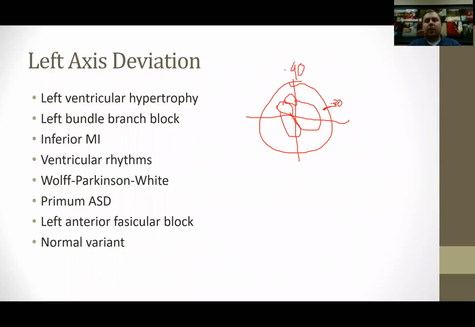So my normal heart would be usually pumping somewhere in this direction when it comes to the discharge. But for left axis deviation, instead of going down to the apex, it's coming out here somewhere, which is inefficient since the bulk of our ventricle is down here.